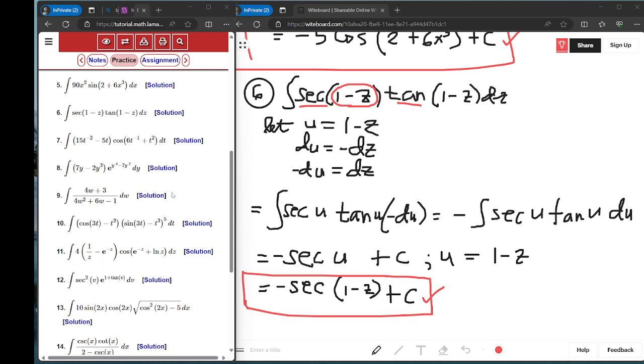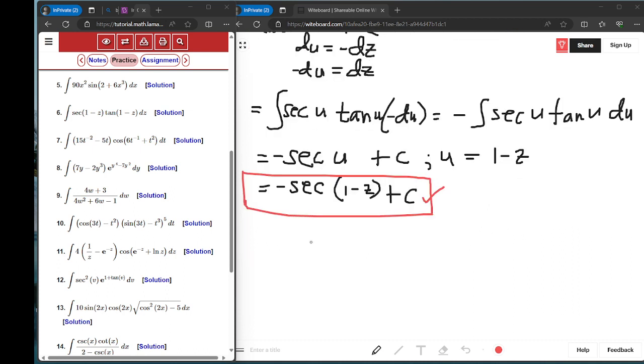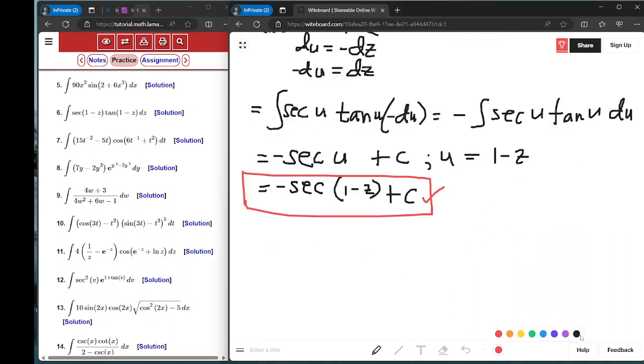How about, what's this? Okay, let's try. Number 7. I don't know how to solve number 7, but let's try.